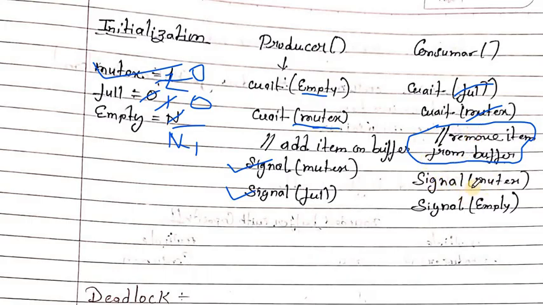Signal increases the value by 1, so now the mutex becomes 1. Then signal empty, increasing it by 1, so empty becomes n. Now the state is mutex 1, full 0, meaning the number of elements is 0, and the number of empty slots is n. The same initial condition is met here.